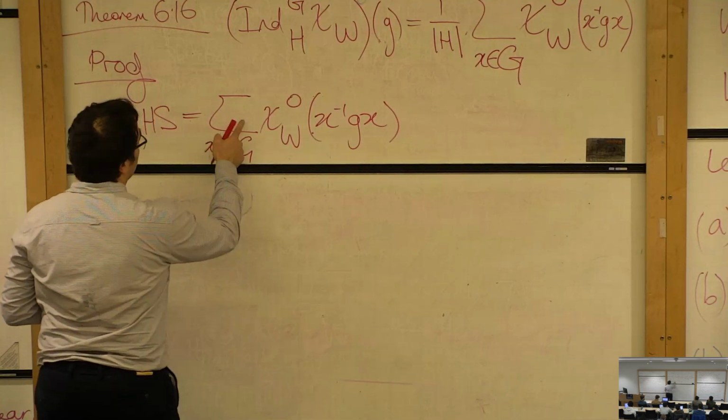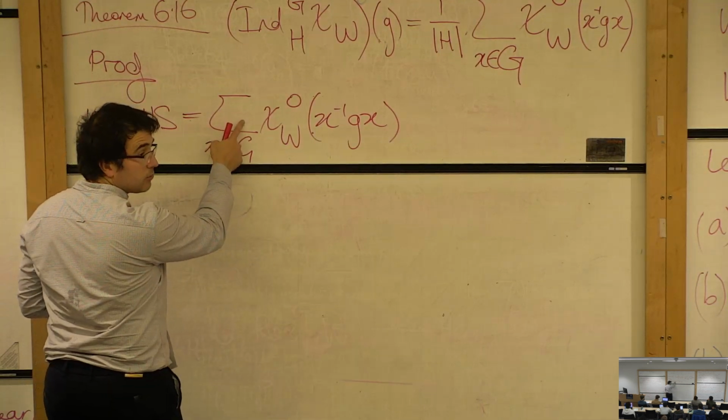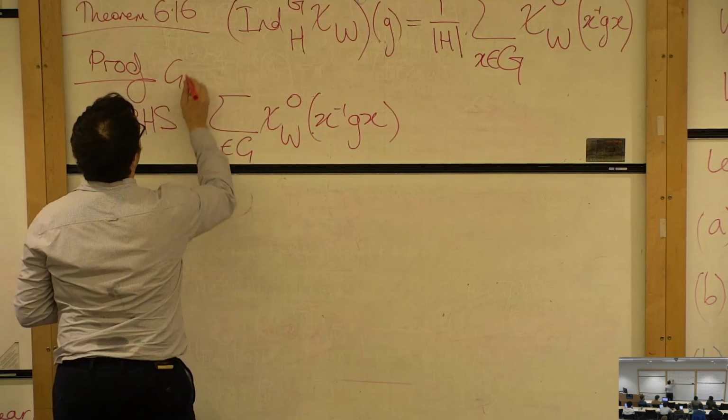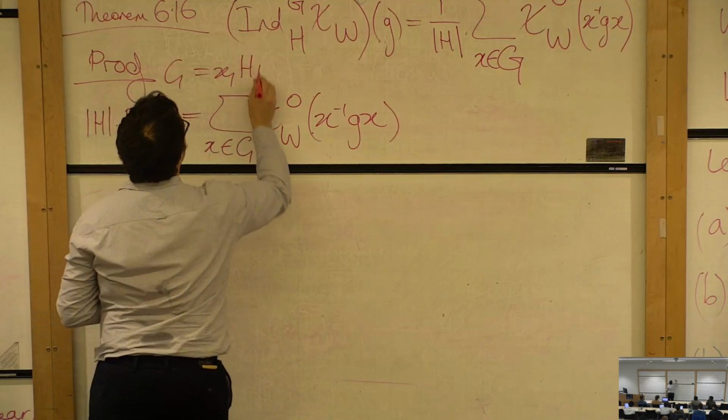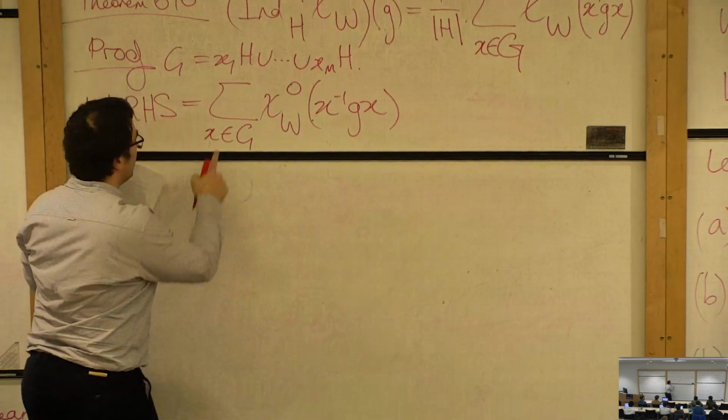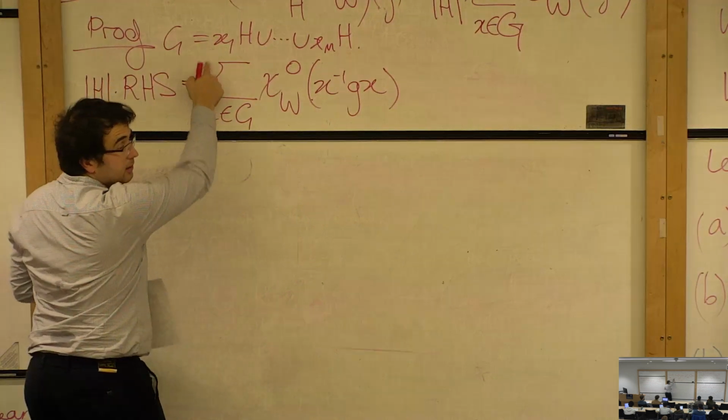Now, obviously, I need to apply the previous lemma 6.14, which requires choosing a complete set of coset representatives for H in G. And then I split up this sum according to its decomposition.